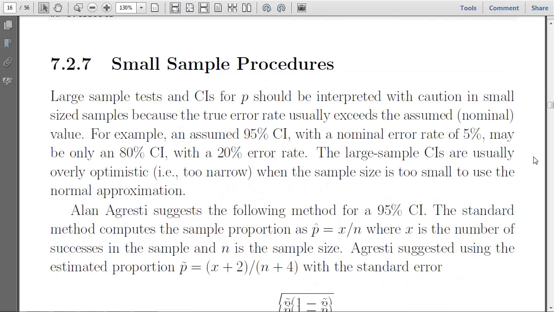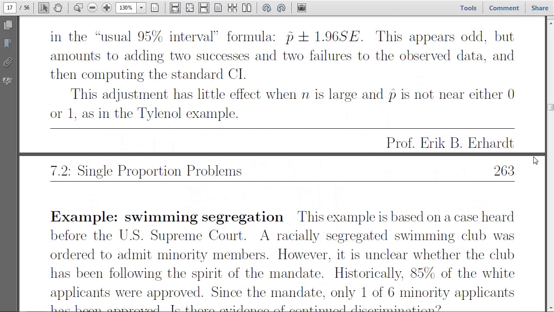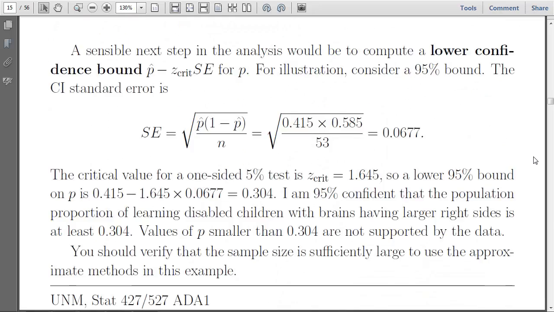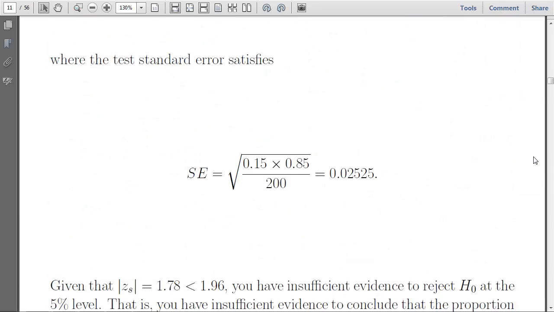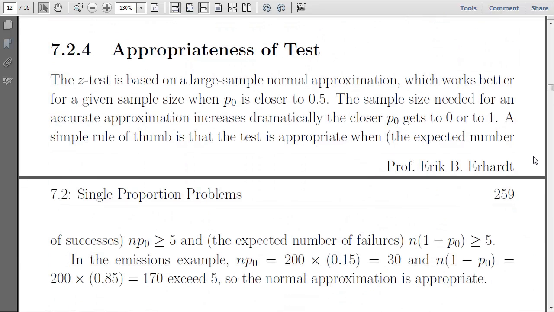All right. When you have small samples, then our rule of thumb won't be met. Do I have that rule of thumb identified here? No. So remember, the rule of thumb is that we need at least the sample size times the proportion for success and for failure both greater than or equal to 5.